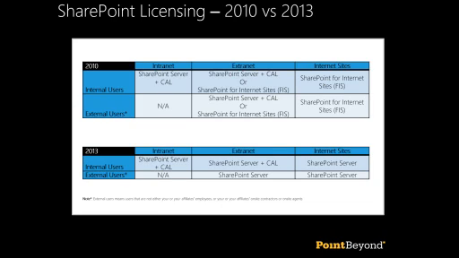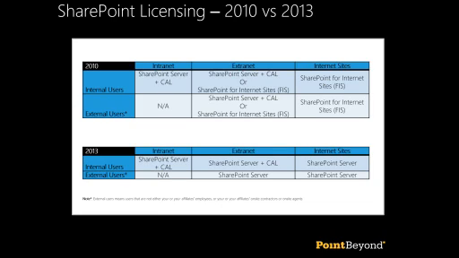Similarly, if you had an internet site running on SharePoint 2010, you had to license each of those SharePoint servers with a for Internet Sites license as well. That's all gone with 2013. All you require now for your external users is the SharePoint server license. So quite a significant licensing change there if you're looking to use SharePoint beyond your organizational boundaries.